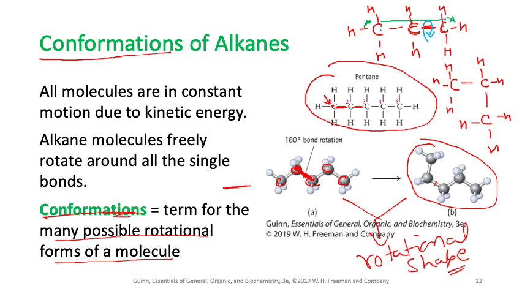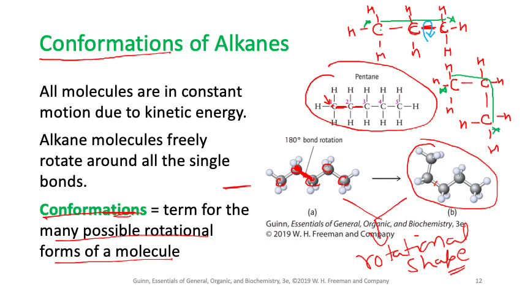I haven't missed any carbon. We had three carbons, we start with one corner carbon, end up with the last corner carbon, and include every carbon. Let's see if we have the same thing over here. If I start with the same corner carbon and follow this bond without breaking my line, I'm touching each and every carbon in this compound.